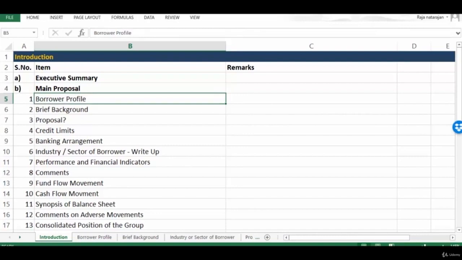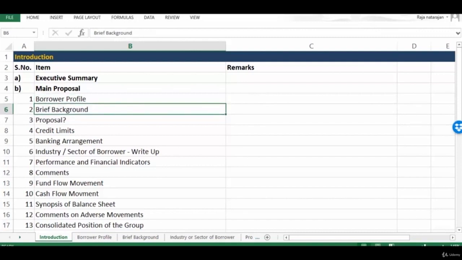It will have details like the borrower profile. Okay, in that you will give the name of the borrower, his address, what is the activity, when they have incorporated, like that, many things. Then in the brief background, you will talk about what business they are into, how they are performing, who are their promoters, what is the shareholding pattern and all. Okay, so in these 2 points you will create a picture about the borrower.